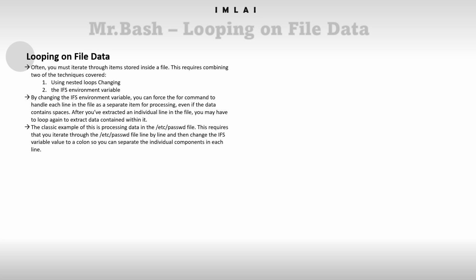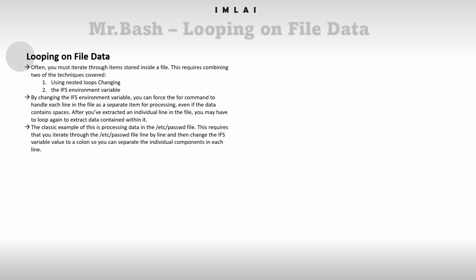The classic example of this type of processing, looping on file data, is looping the data in the /etc/passwd file, because this is a widely done activity. That's the reason I have taken this example.